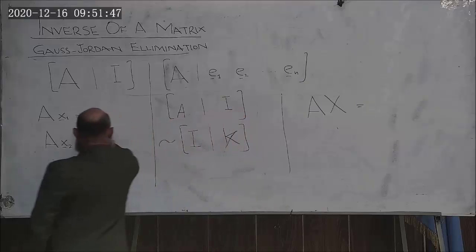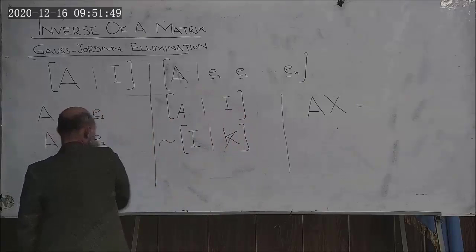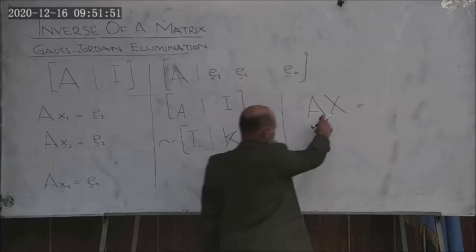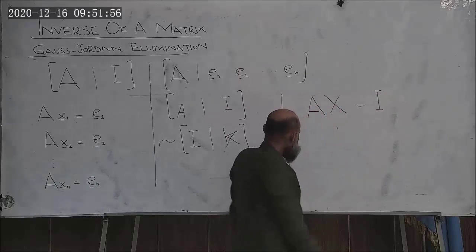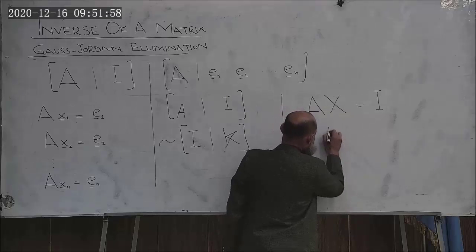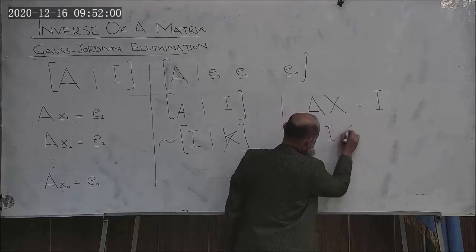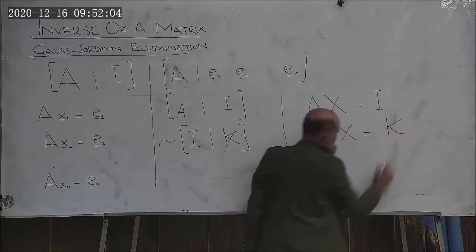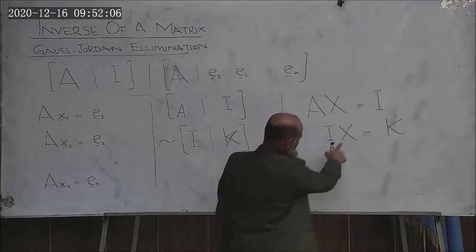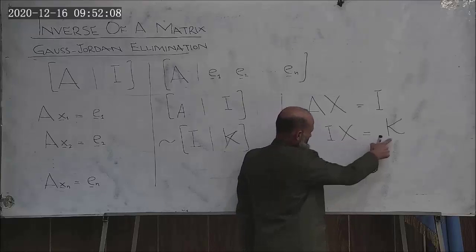These x1, x2, xn are the columns of this matrix. We solved it, performed elementary row operations such that this came out to be equal to K. So what is X in this case? K. What was X?